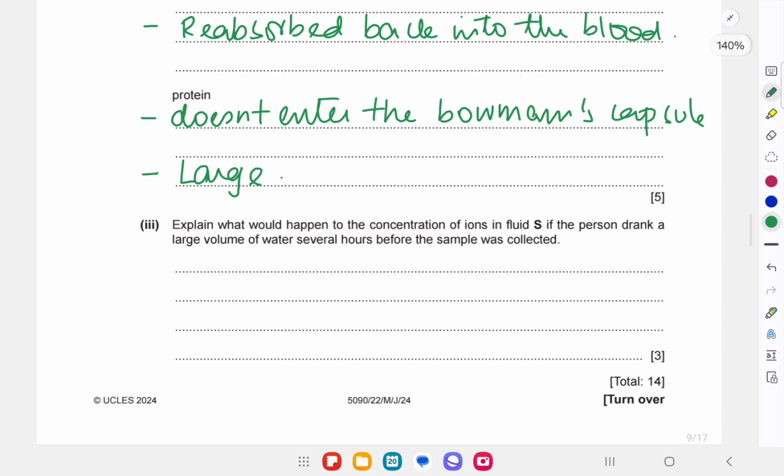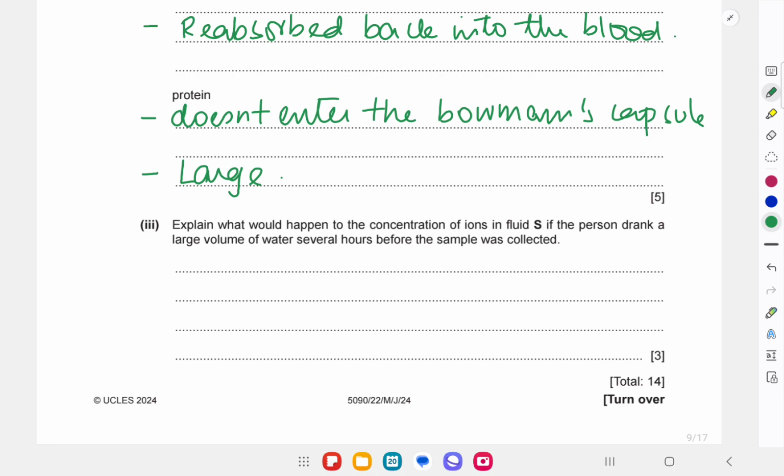Explain what would happen to the concentration of ions in fluid S if the person drank a large volume of water several hours before the sample was collected. So yeah, if the person drank a large volume of water, the body will obviously do homeostasis, right?